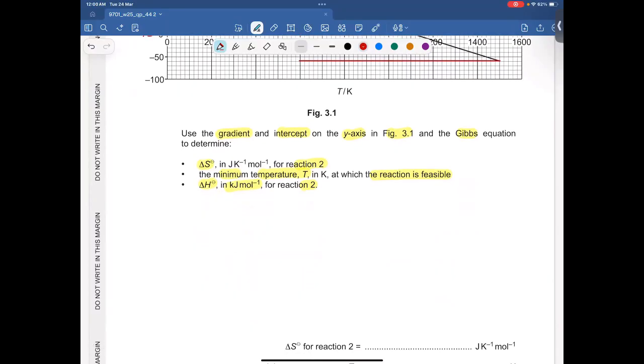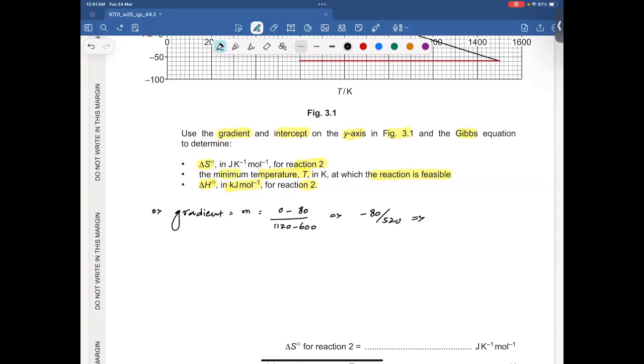So let me find out the gradient first. Gradient is basically M. So 0 minus 80 divided by 1120 minus 600. So it's basically minus 80 divided by, let me calculate this value. 1120 minus 600 is going to be 520.